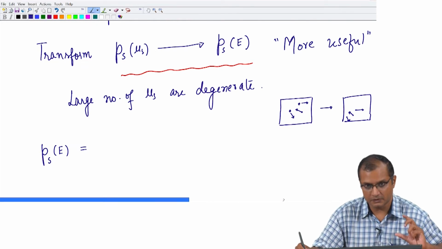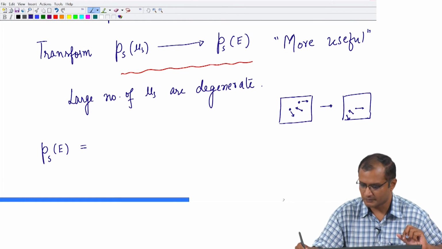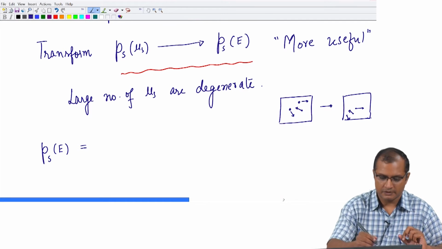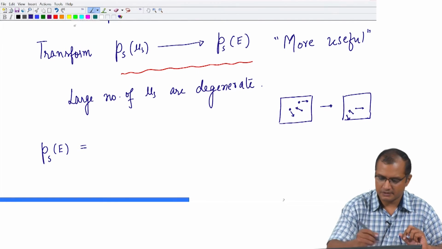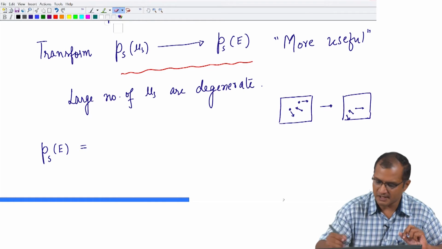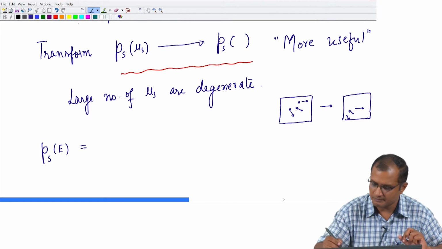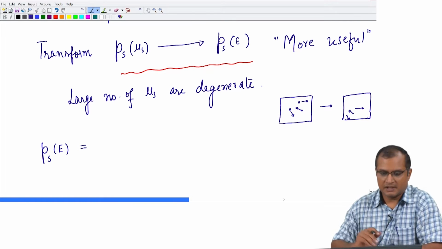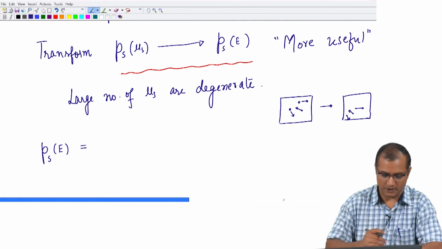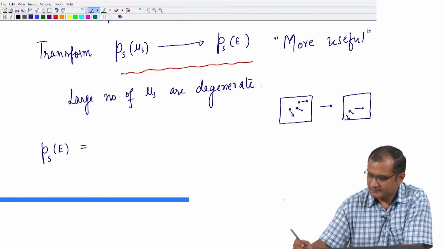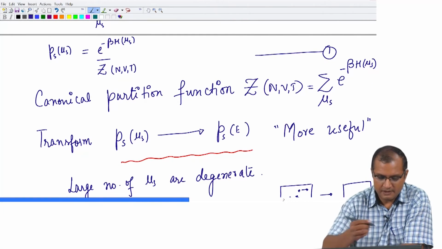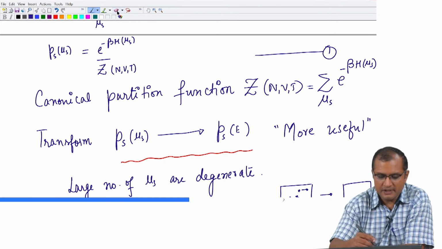Okay. This is a different symbol here, maybe because we have used the instantaneous energy as E s. So, let me use E itself. Here E is the energy of the system. Okay. And I am now going to drop the subscripts mu s, because now everything is related to the system.